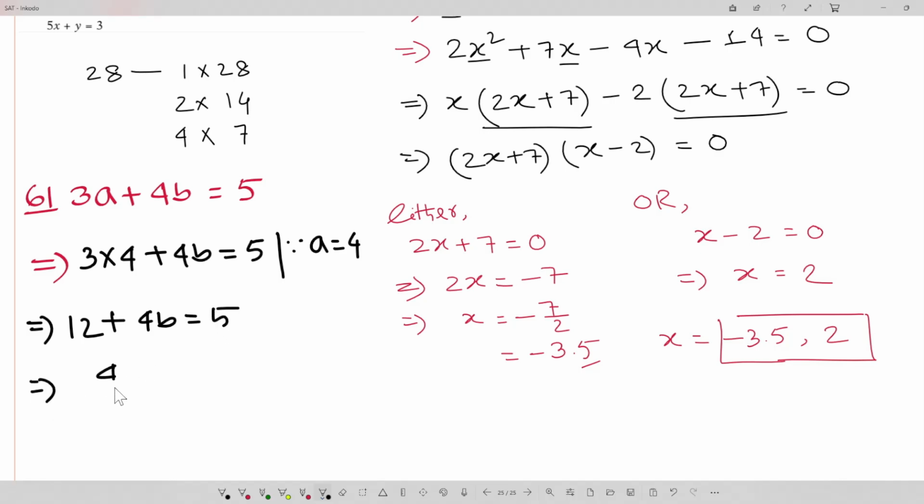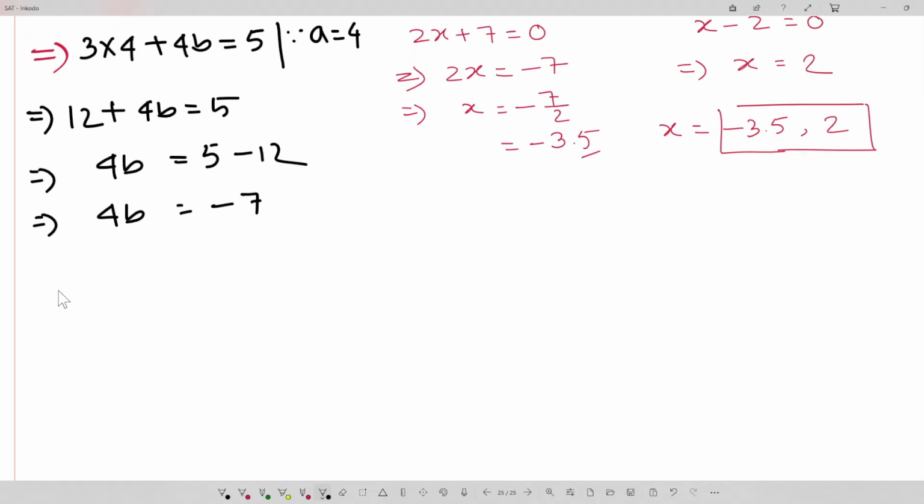Then for 4b we subtract 12 from both sides. So 12 and −12 cancel out, and 5 minus 12. Now we can write 4b = −7, since 5 − 12 is −7. Then we divide both sides by 4.